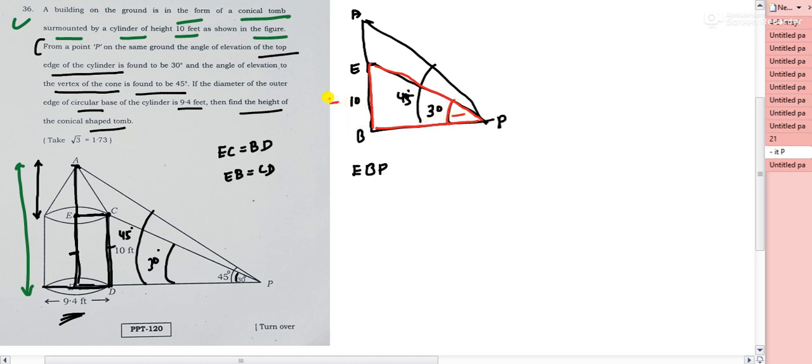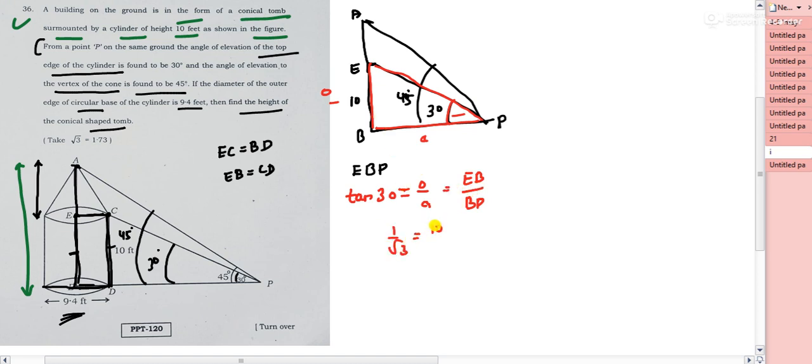If this is theta, the opposite side is EB, and this is adjacent, and the hypotenuse is EP. We need to find BP first. So using tan 30, we get opposite by adjacent. I hope you know this trick. What is O? It is EB divided by A, which is BP.